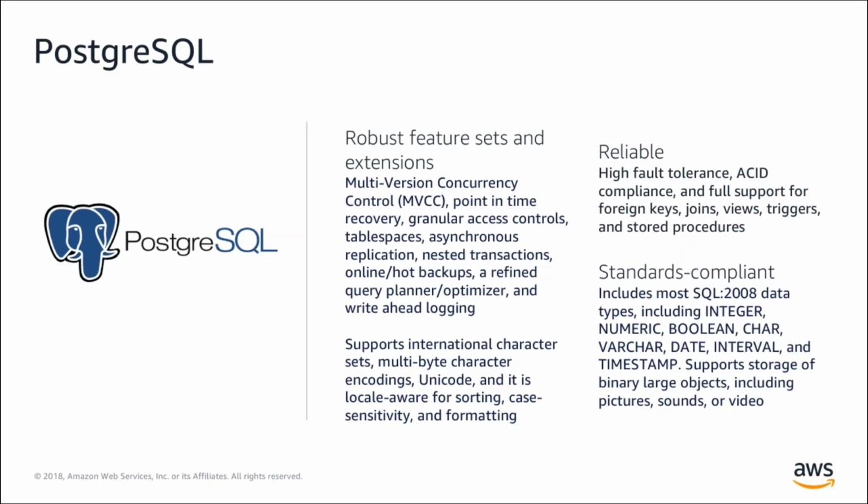With the advance of MVCC, it grew in popularity in highly concurrent deployments because it allowed more concurrent users at the same time. Plus, with its rich optimizer plans, it became popular for data warehousing also.